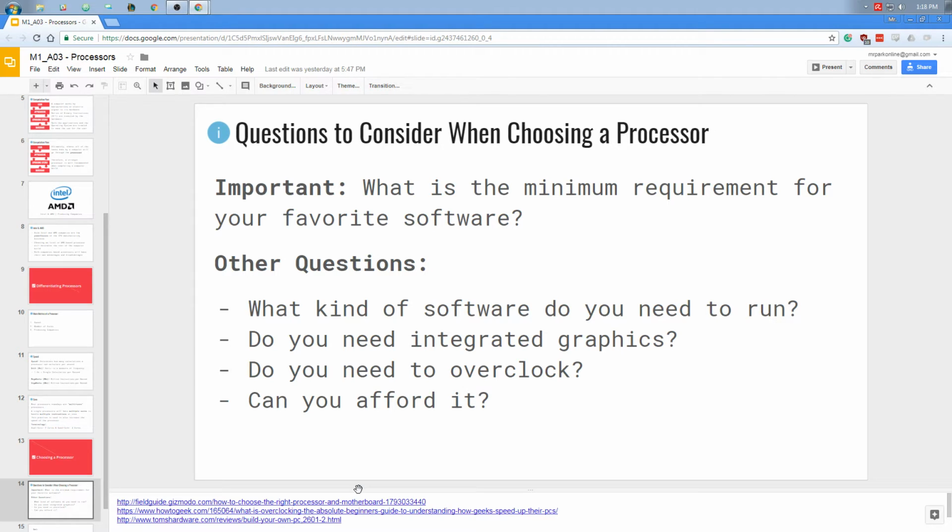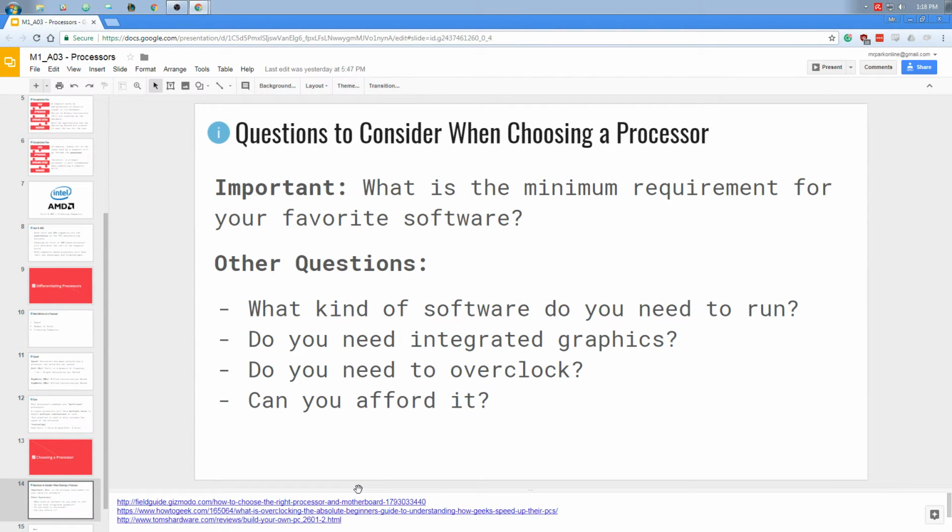If the processor you had in mind is stronger than that, it's perfect. But if it's weaker than the minimum requirements for your favorite software, you're going to have problems using this software. The other question you want to ask yourself is what other software you need to run, and consider the minimum requirements and specifications you need for that software.